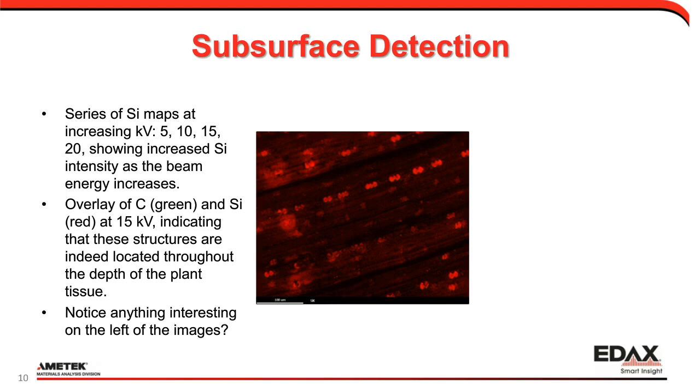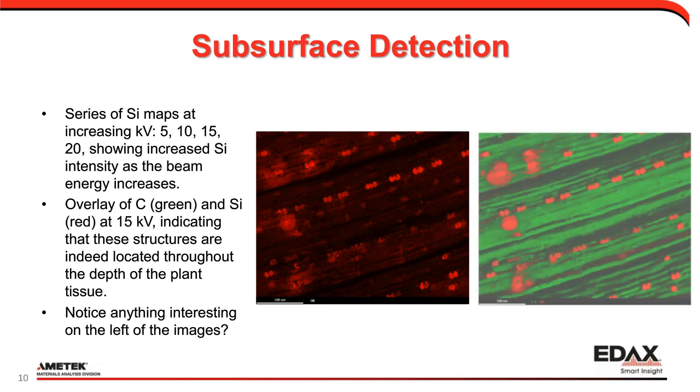I collected a few spectra ahead of time, and I left the beam on those areas for probably 10 or 20 seconds. It looks like the beam damaged some of the biological, organic tissue, and the silicon actually spread out from the dumbbell-shaped body. So very interesting there.